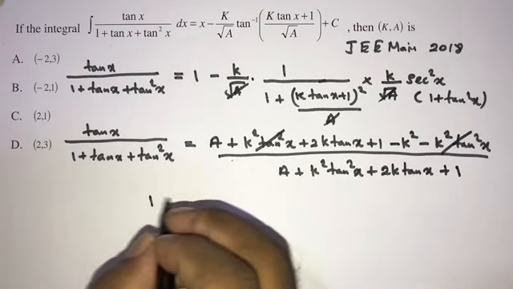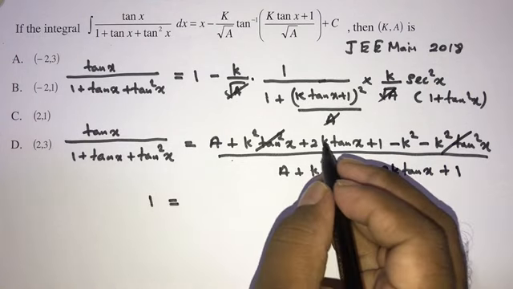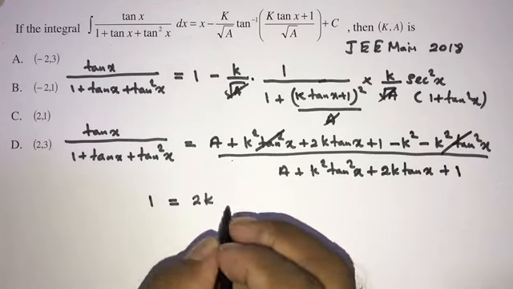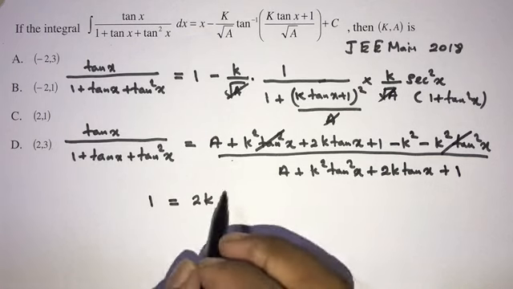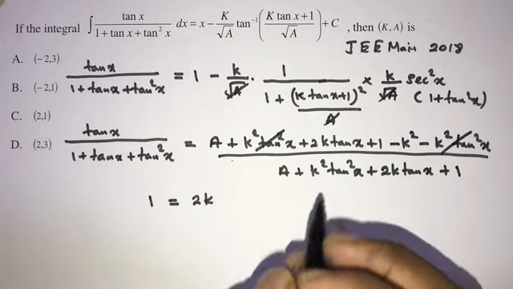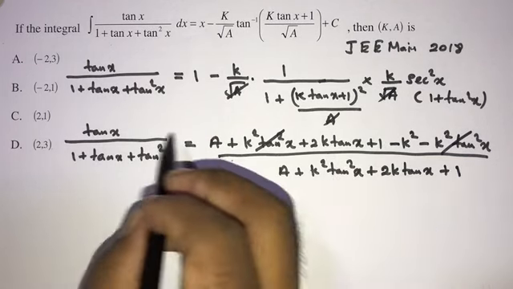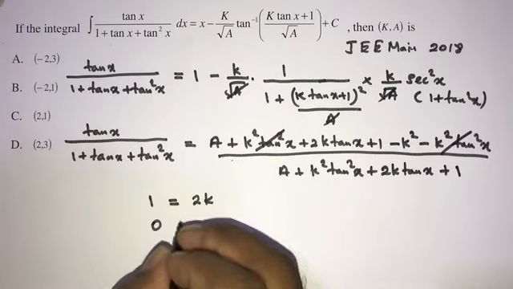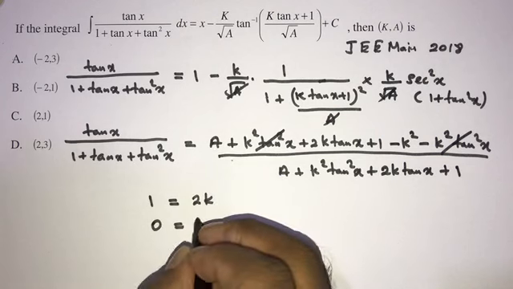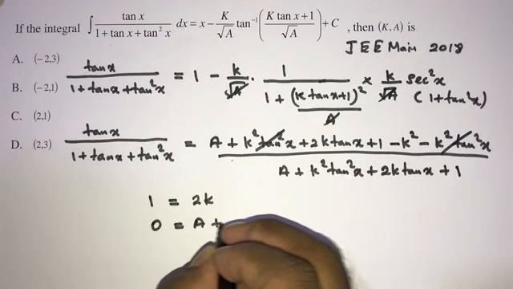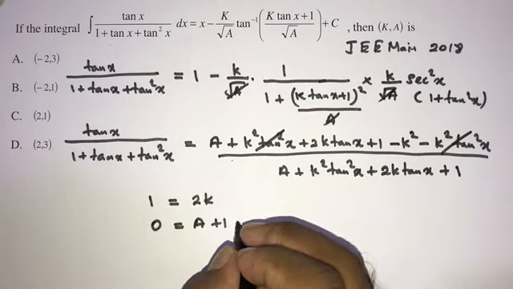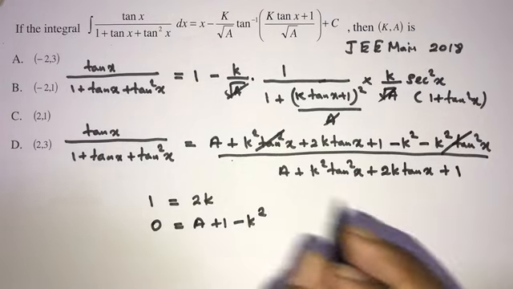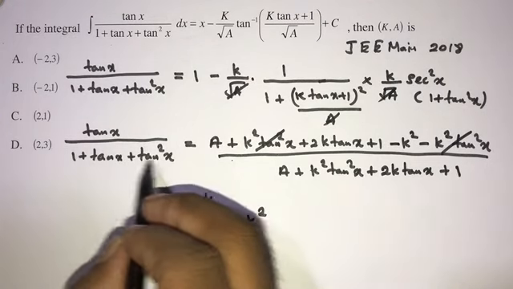Now compare the coefficient of tan of x. So we have 1 is equal to 2 times k. Okay, now compare the constant. So on this side 0 is equal to a plus 1 minus k square. Now compare the coefficient of tan square of x.